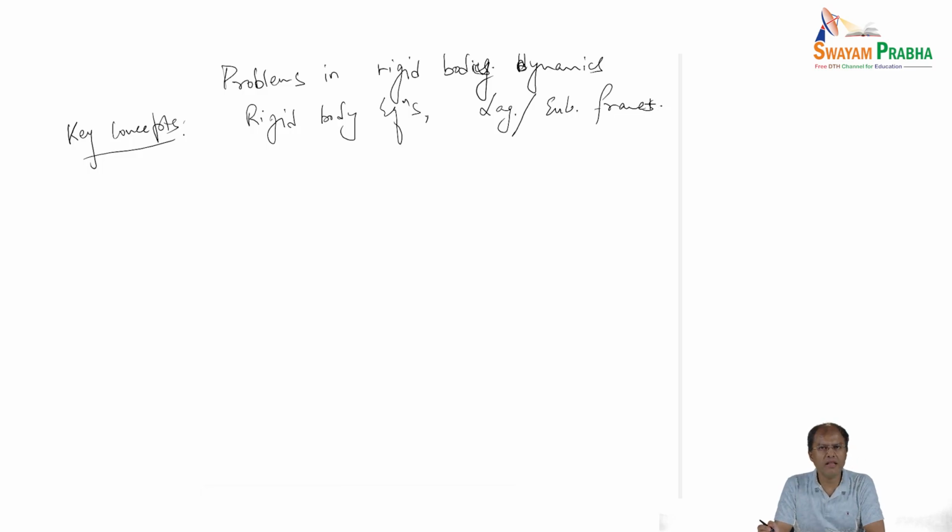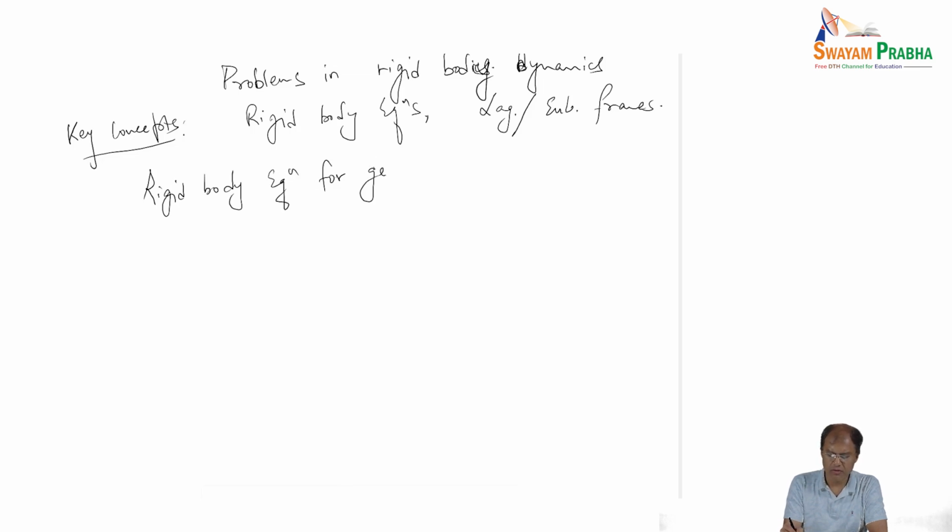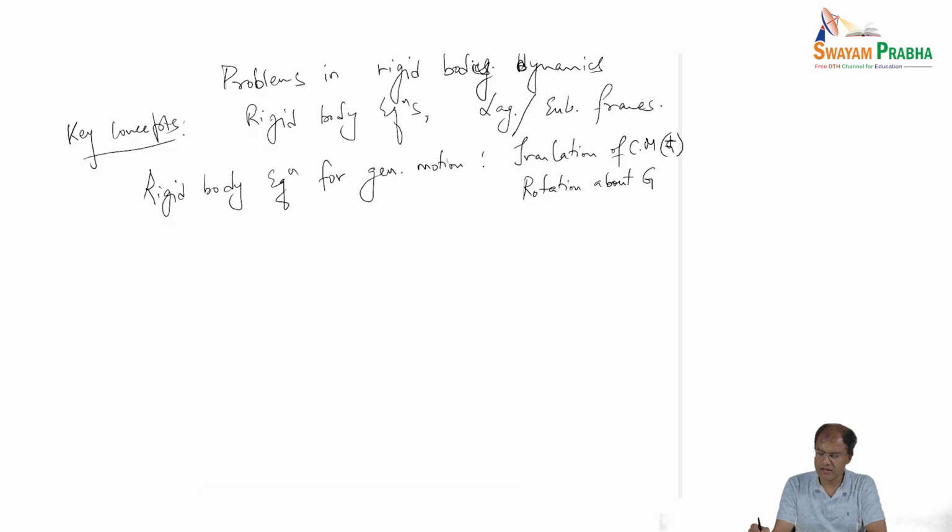So we have seen that the typical equations of motion are the motion of the center of mass as well as the motion around the center of mass, which is the rotational motion. So the rigid body equations for general motion are the translation of the center of mass, and the rotation about the center of mass g, the translation and the rotation.